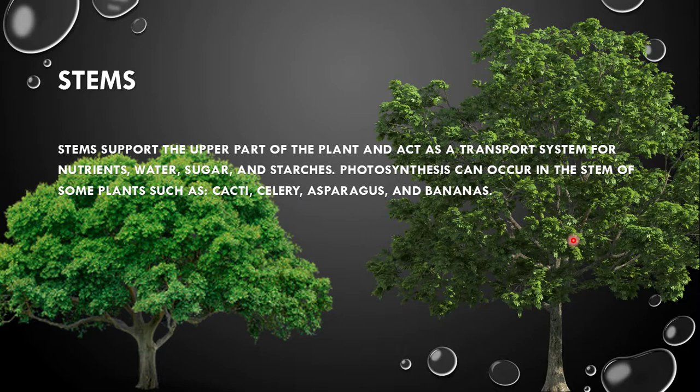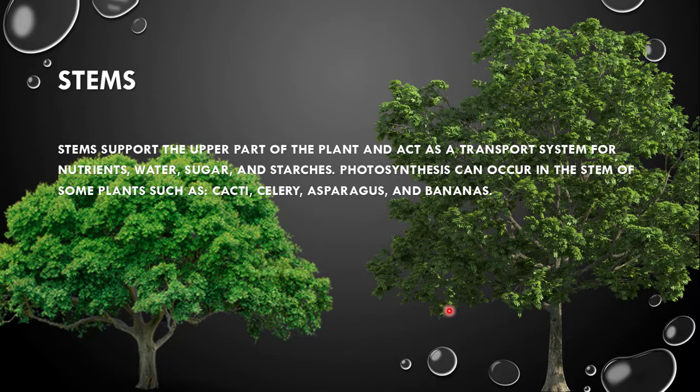And also after the leaves, or after the plant prepares its food, the stem also carries it to the other parts of the plant that need the food. Photosynthesis can occur in the stems of some plants, such as cacti, for singular cactus, celery, asparagus, and bananas.